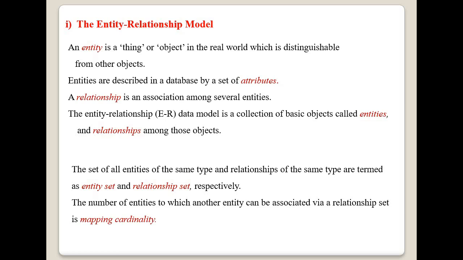The entity relationship data model is a collection of basic objects called entities and relationships among those objects. The set of all entities of the same type and relationships of the same type are termed entity sets and relationship sets respectively. The number of entities to which another entity can be associated via a relationship set is called mapping cardinality.